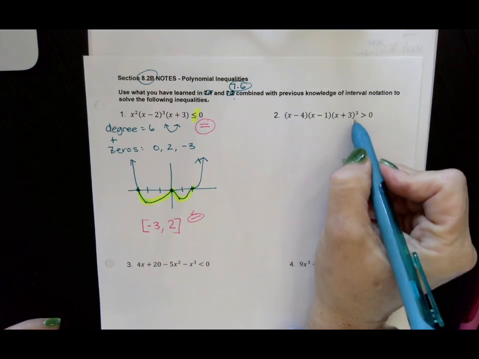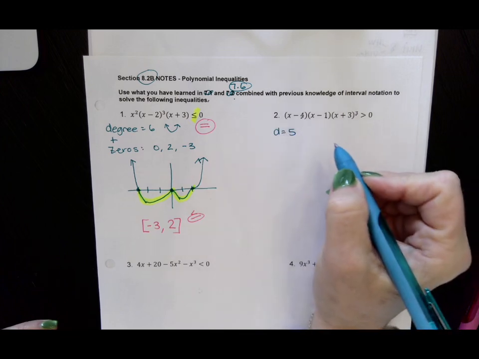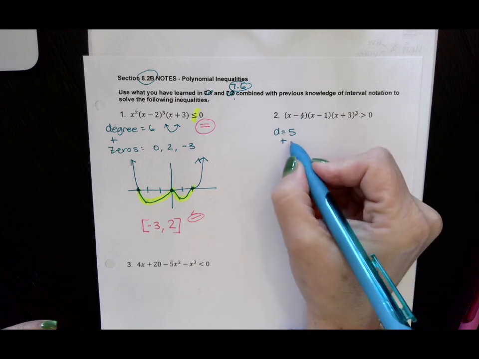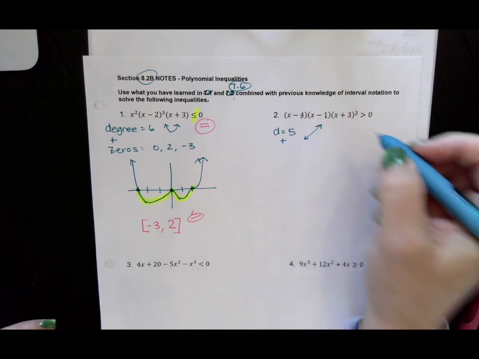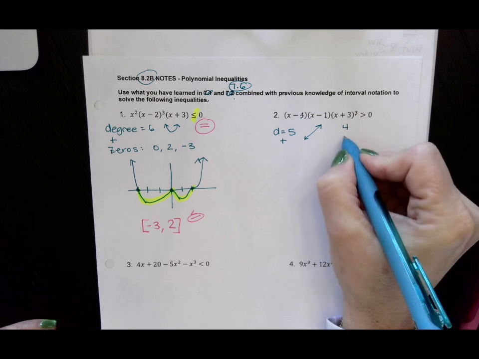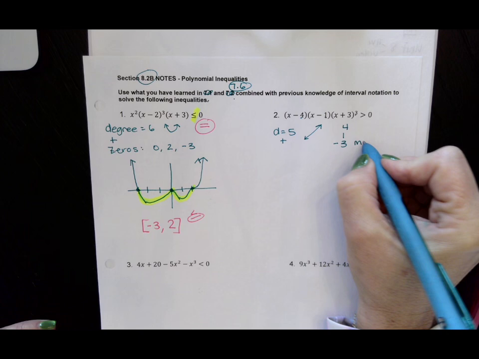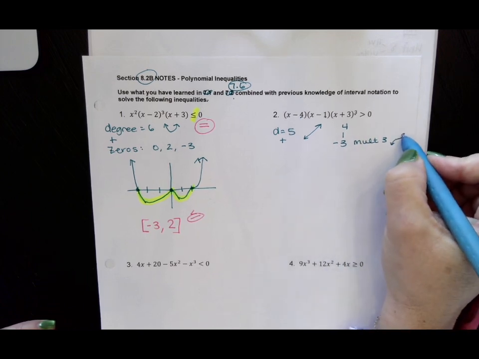So if I go over here, I have 3, 4, 5. So this is a degree of 5. And my x's are all positive, so it's positive odd. So positive odd is down, up. My zeros happen at 4, 1, and -3. So at -3, I have a multiplicity of 3. So multiplicity of 3, remember, is a flat cross.